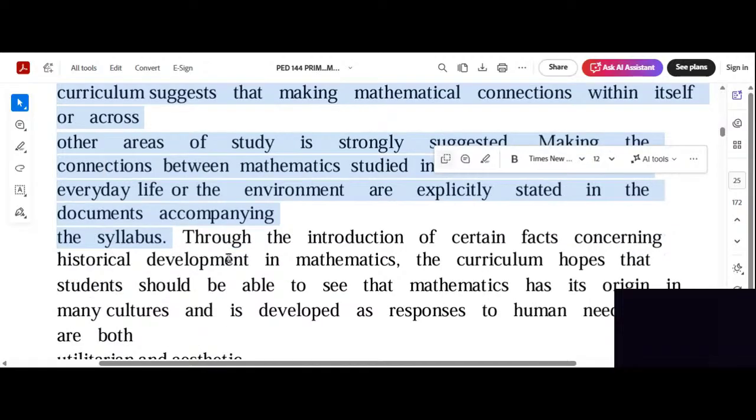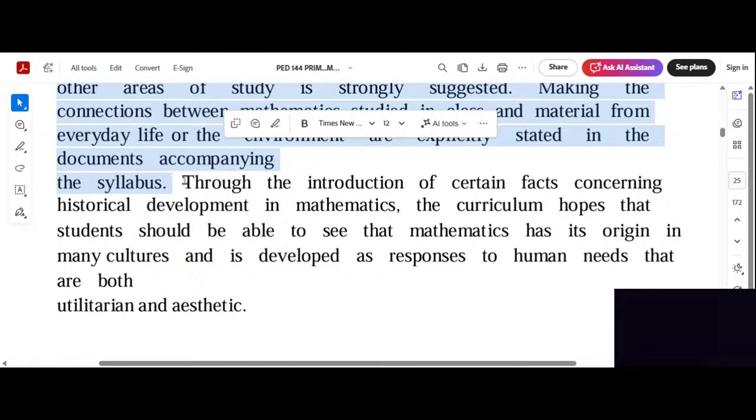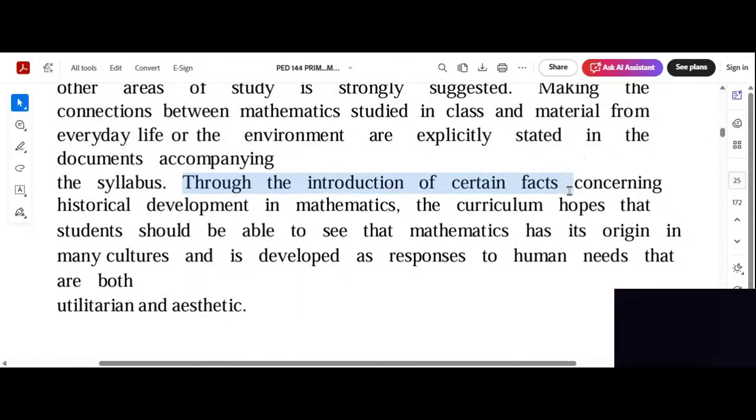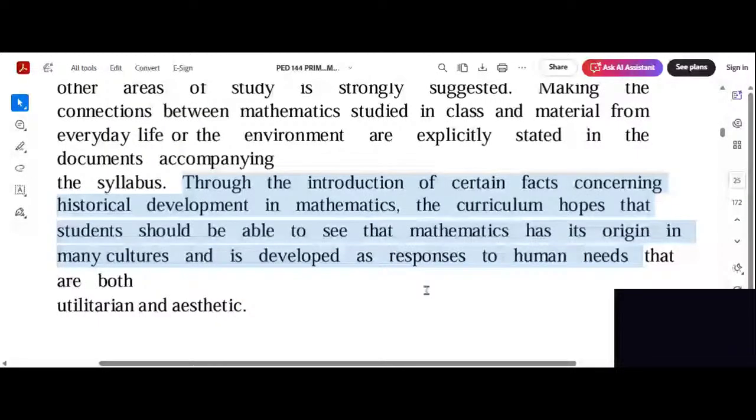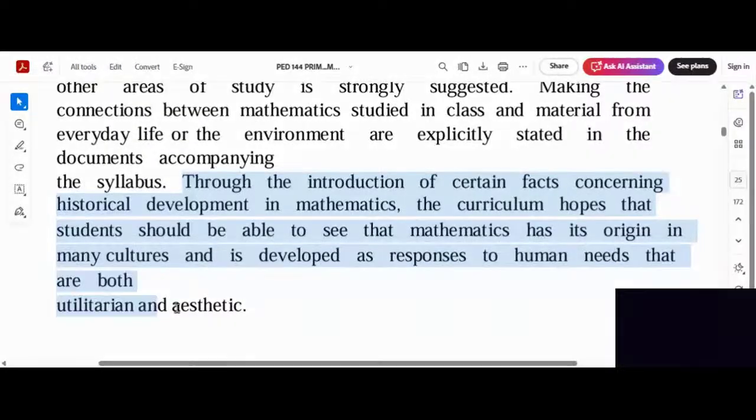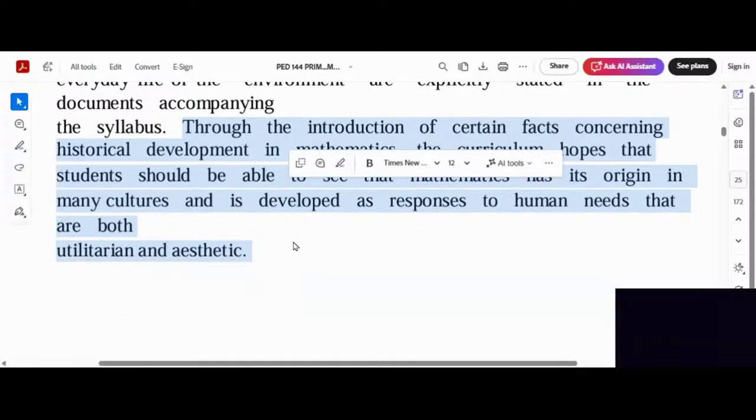Now, through the introduction of certain facts concerning historical development in mathematics, the curriculum hopes that students should be able to see that mathematics has its origin in many cultures, and is developed as responses to human needs that are both in utility and in aesthetic.